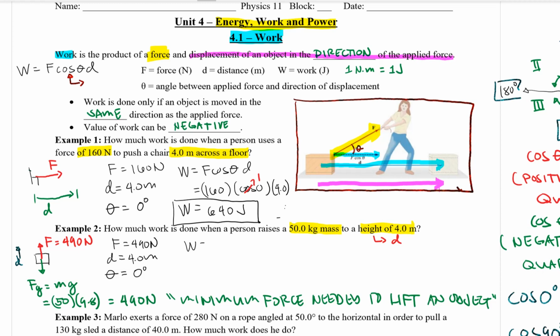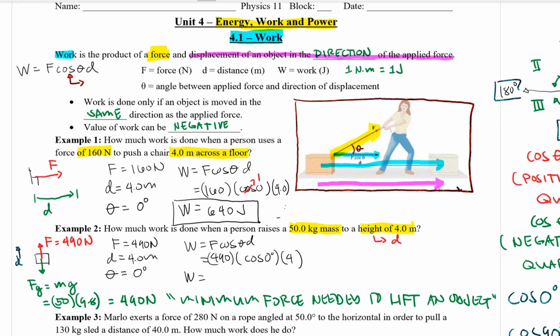Now work is F cos theta D. F is 490, cosine of 0 degrees, and then 4 meters.